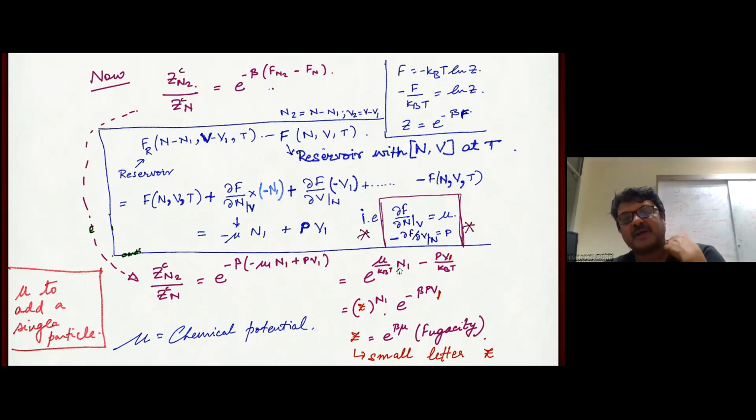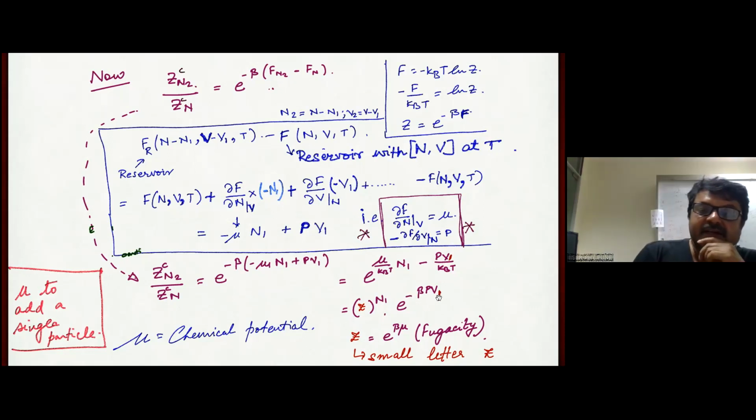Then this becomes mu by kBT into N1 minus P V1 by kBT, right? This beta goes in, and now you have fugacity again, e to the power beta mu into e to the power minus beta P V1, right? So that's what you get.